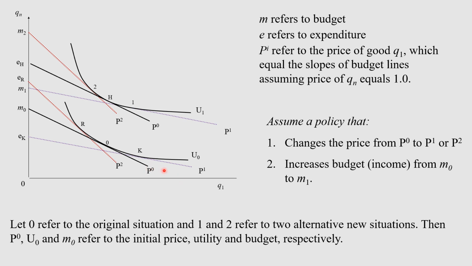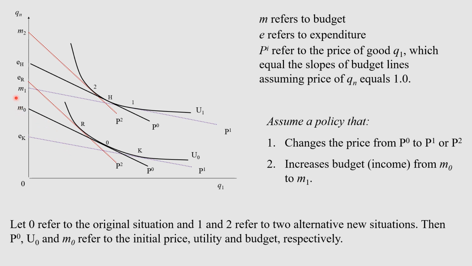So what we're assuming here is that this is the original situation, where we have an income of M0, a budget constraint of M0. We have this price P1 of good one, and an equilibrium at 0. Now, we're proposing a policy that does two things.